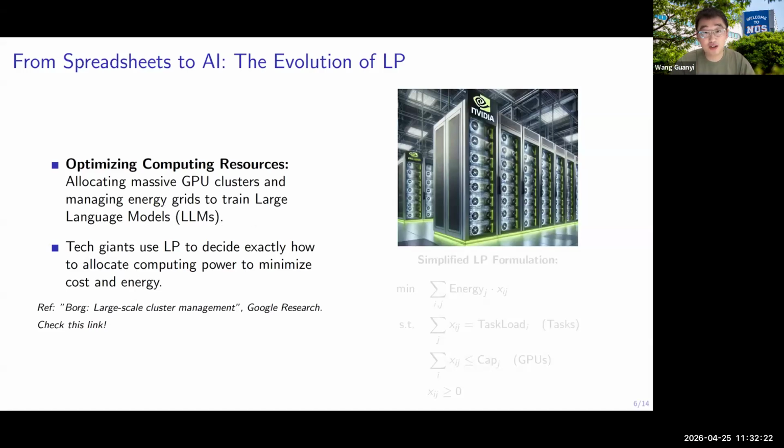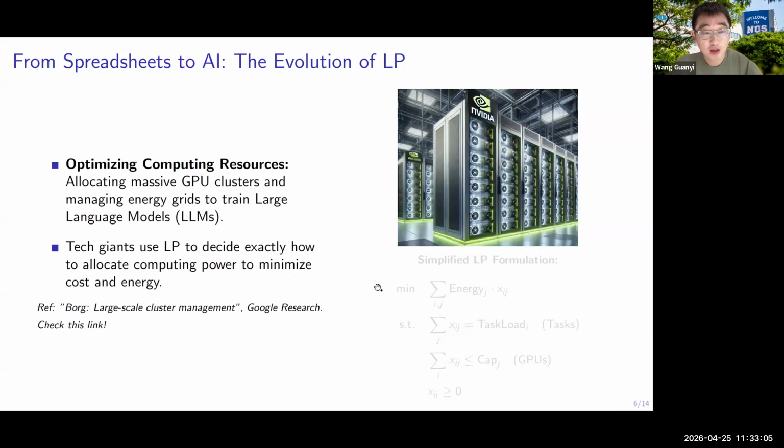What you want to do is allocate the computation resources in an efficient way. Efficient means that you want to minimize the cost and the energy, because for a very large language model with, for example, 18 billion parameters, training once takes, I think, about hundreds of millions of US dollars.